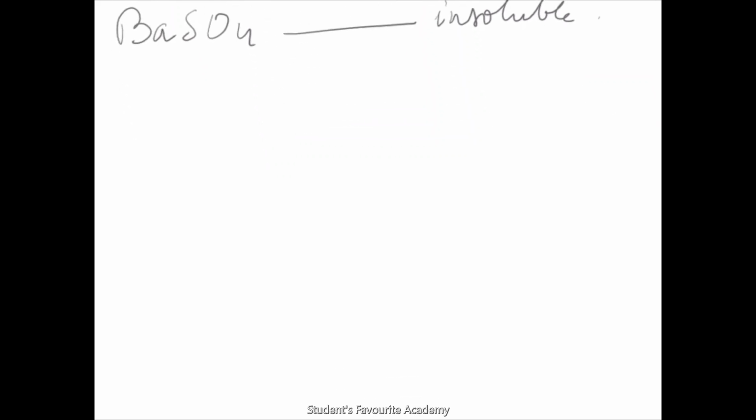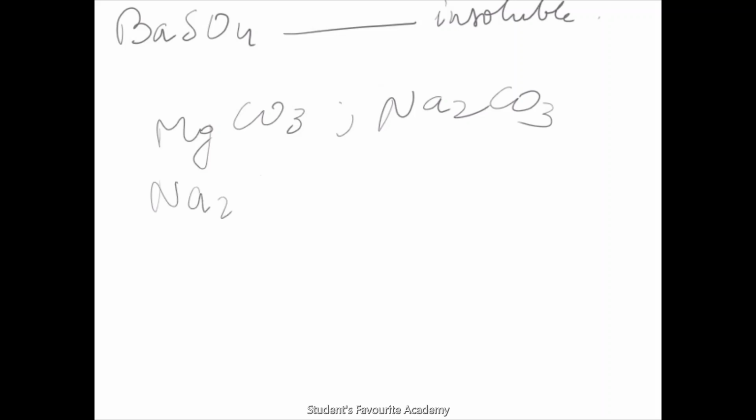Then I told all carbonates, sulfides, phosphates are insoluble. Carbonates means, say, magnesium carbonate MgCO3, say sodium carbonate Na2CO3. Sulfides means magnesium sulfide, then you have calcium sulfide.